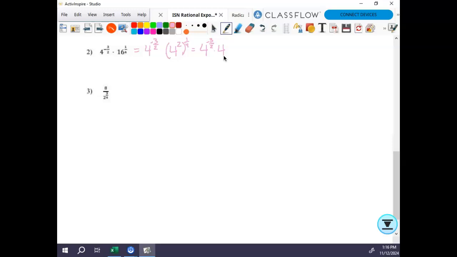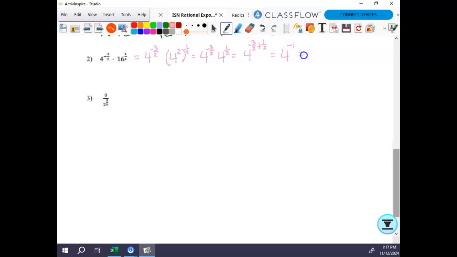What's 4? When I multiply the 2 times the 1/4, what do I get? 1/2. So then I can combine these, right? And I can say that gives me 4 to the negative 3/2 plus 1/2 power, because I add my exponents, right? Negative 3/2 plus 1/2 gives me negative 2/2, which is really just negative 1. And then that gives me 1/4. Okay. Any questions about that?